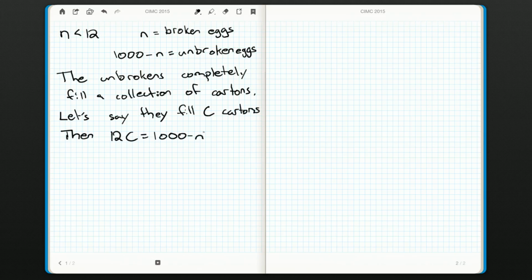Now you might say, why did you have to give C a name? Now we just have another variable to figure out. We don't need to figure out C. The point is, we now know that 1,000 minus N is 12 times some number, so 1,000 minus N is a multiple of 12.